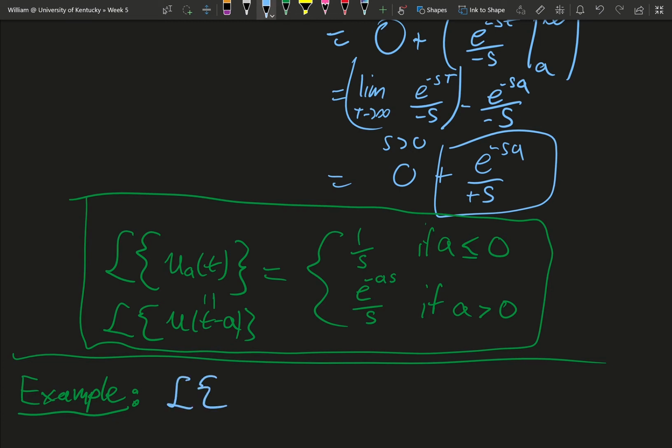So looking at our next example, we want to know what the Laplace transform of delta of t minus a is.